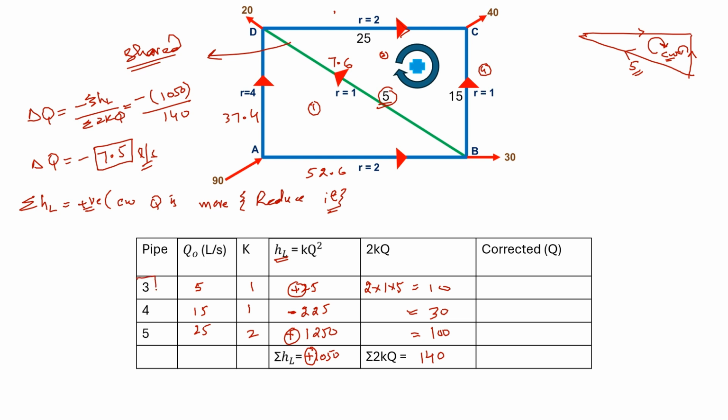So this is the important point. Pipe 3 is a shared pipe. We have already applied a correction, after which we had a discharge of 7.6. So we have to apply a correction on the previously corrected value of this one. In this table we will write the original value 5, but when applying the correction you will apply it on the corrected value.